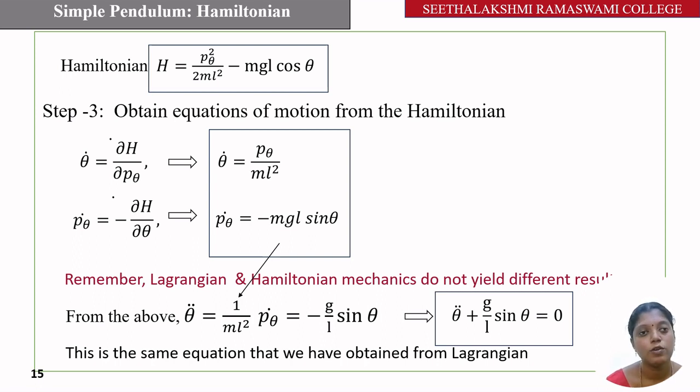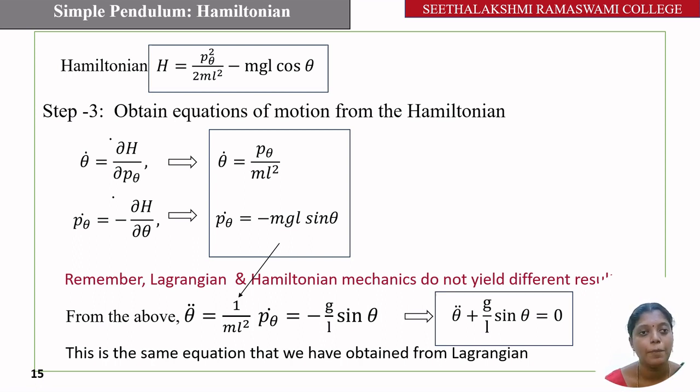So what I conclude is, whether you use Newtonian or Lagrangian or Hamiltonian, you will end up with the same equation of motion, because the state of the system is not going to vary. The system is going to evolve in the same manner. The method you use to study the state of the system is what varies.